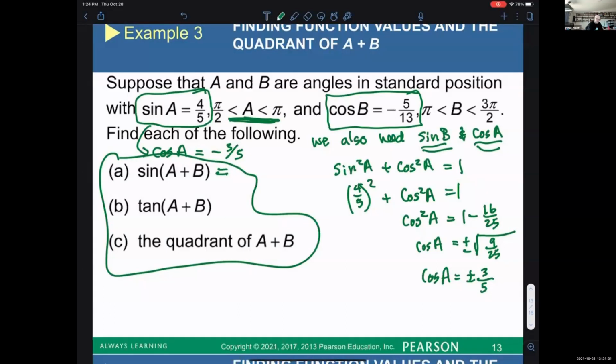Tan of A plus B involves tan of A and tan of B, but you can write those as sine A over cosine A, or sine B over cosine B, which you know all of those.